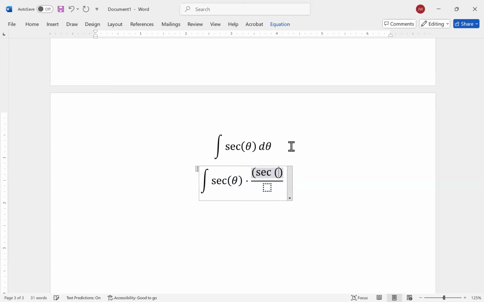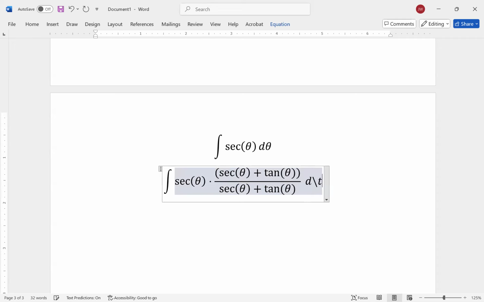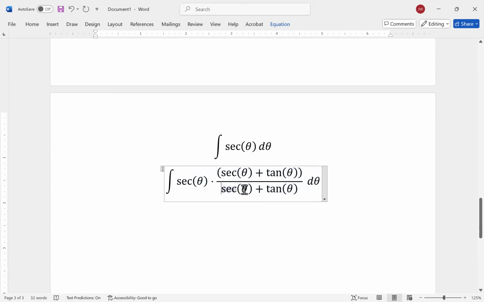By secant of theta plus tangent of theta. So you do that on top and bottom, and then d theta, obviously. You're taking the integration with respect to theta.